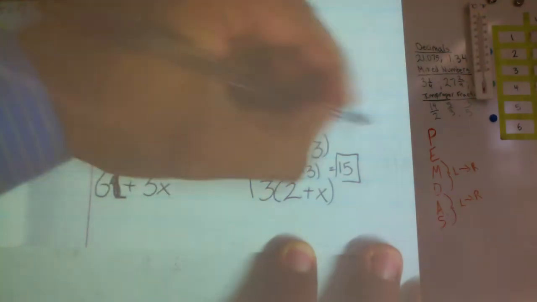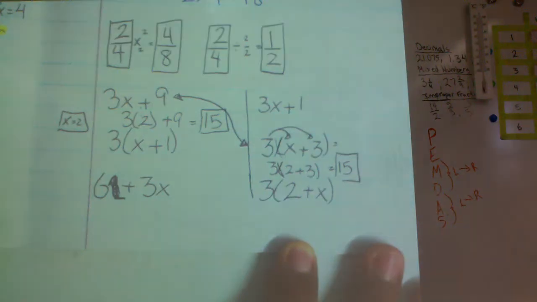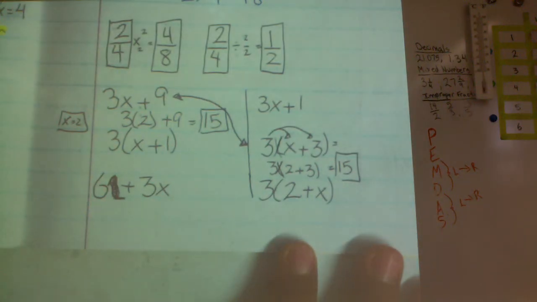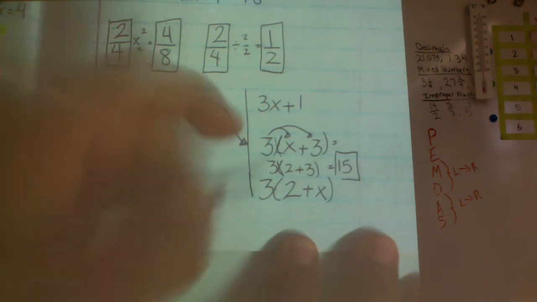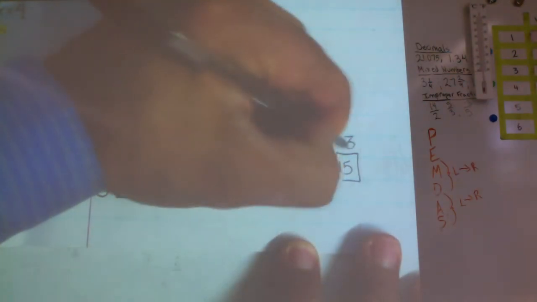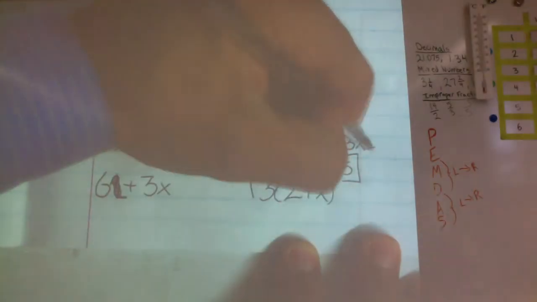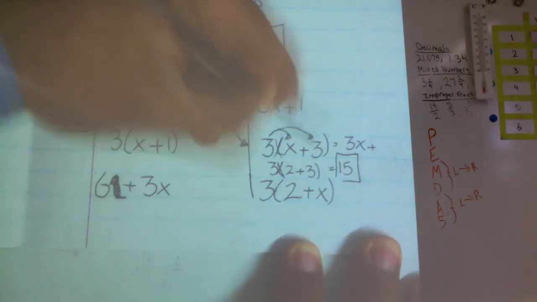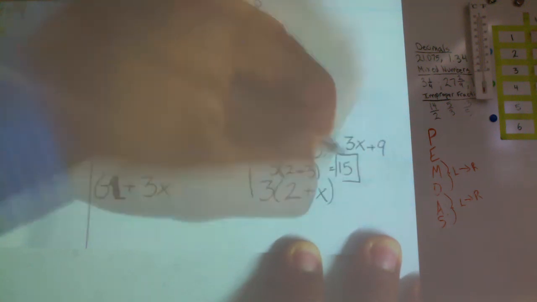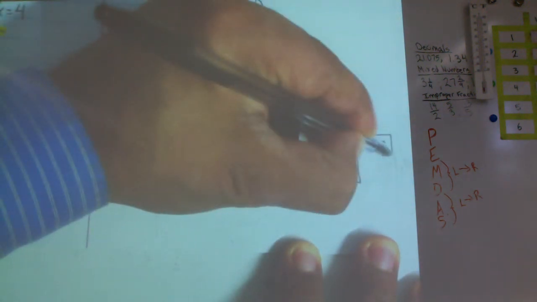So we have 3 times x. When you have a number times a variable, if you don't know that variable yet, you're just going to leave it. So we're going to do 3x, okay, plus 3 times 3 is 9. And now look at this.